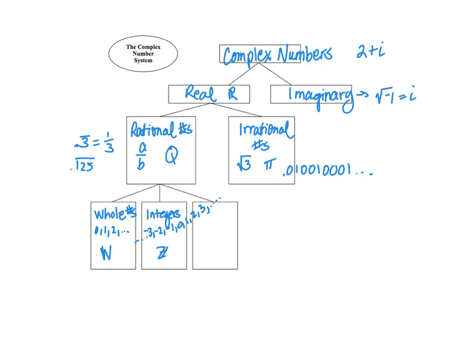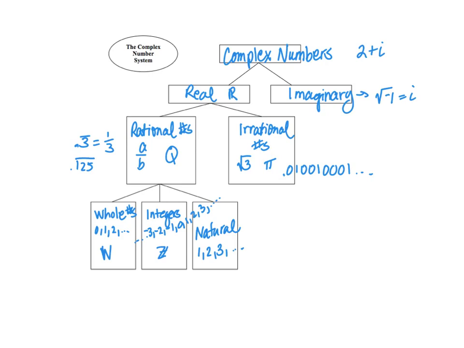And then one more set of numbers within the rational number system are the natural numbers. Ooh, misspelled that. Let's go back. Natural numbers. And these are the counting numbers.